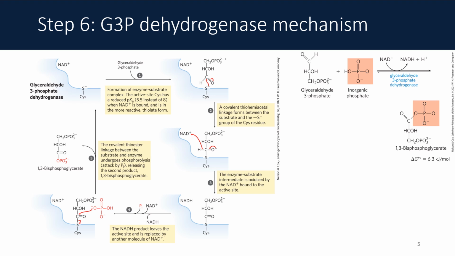G3P dehydrogenase has a nuanced binding pocket with a discrete NAD plus binding domain and a catalytic cysteine residue a little bit down the way. And take note how we've actually already deprotonated the cysteine into a thiolate.